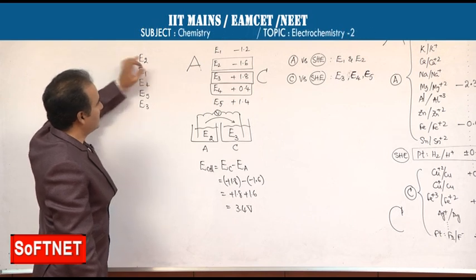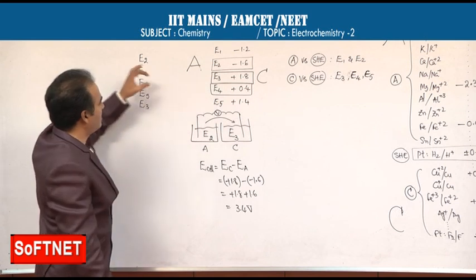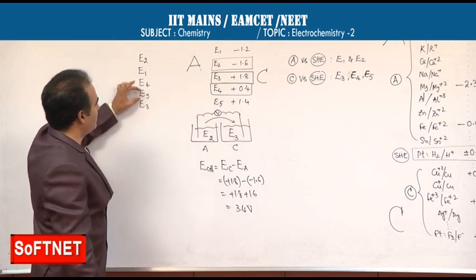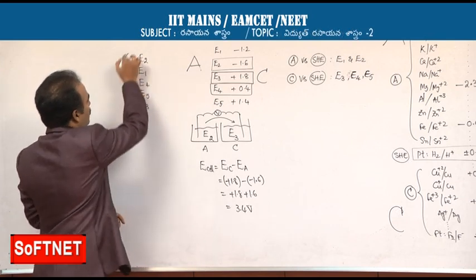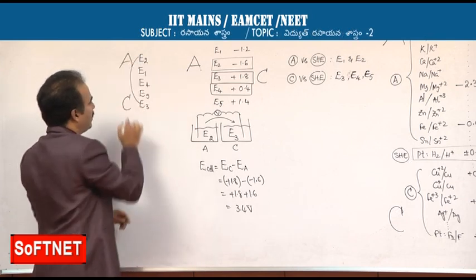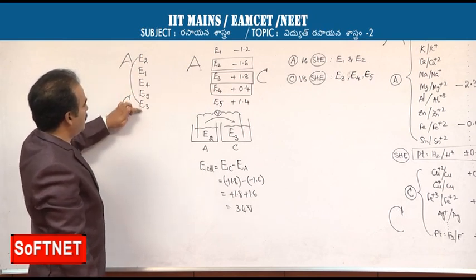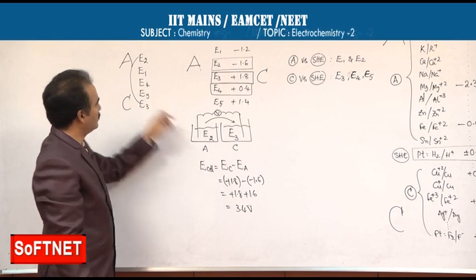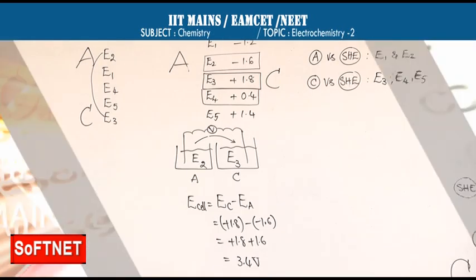Next comes E1, that is minus 1.2. Next comes 0.4, that is E4. Next E5, next E3. So as these two electrodes differ greatly in their anodic and cathodic behavior, connecting E2 and E3 will give the maximum EMF of this cell as we calculated.